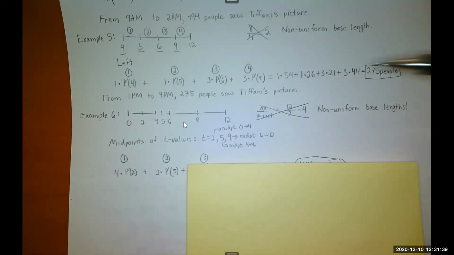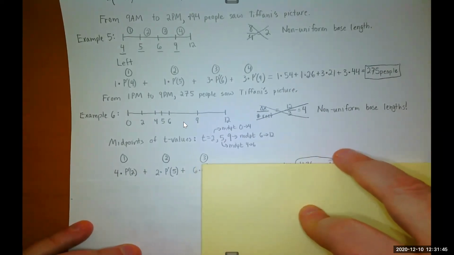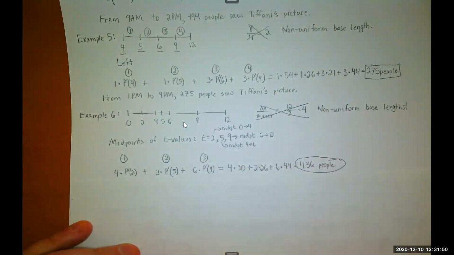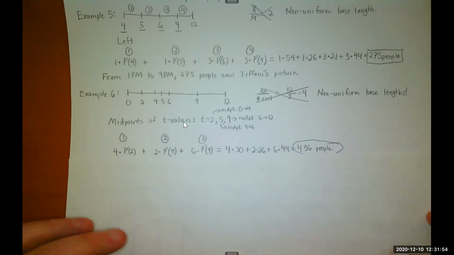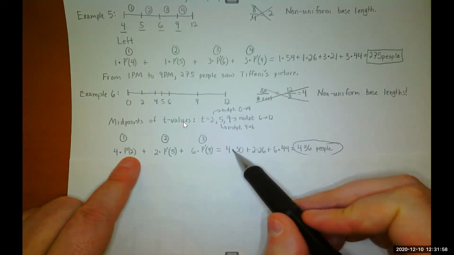That third rectangle is going from 6 to 12. How long is that base? I know you just said 6. And then we're going to do the midpoint from 6 to 12, which is 9, P prime of 9. So this time, I'm going to go to the table to get my heights. P prime of 2 is 30, multiply that by the base 4.